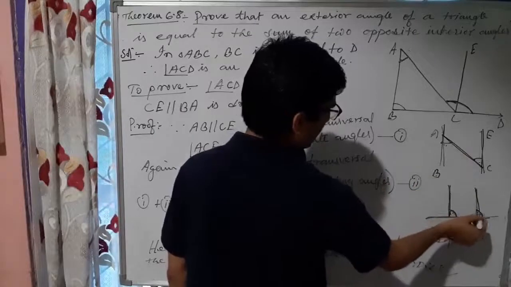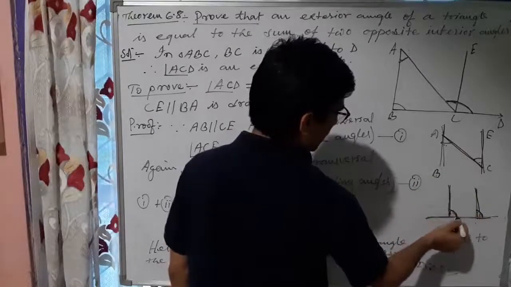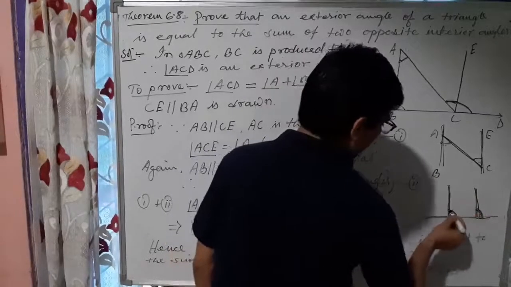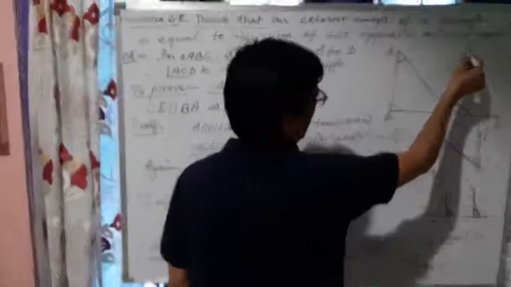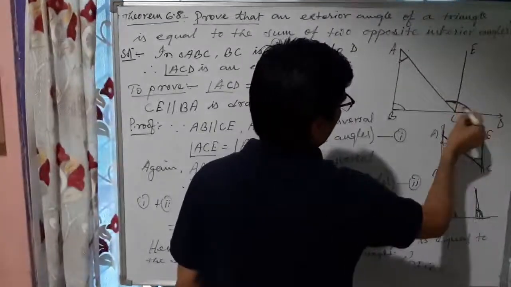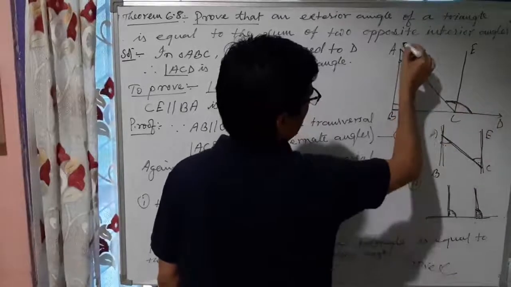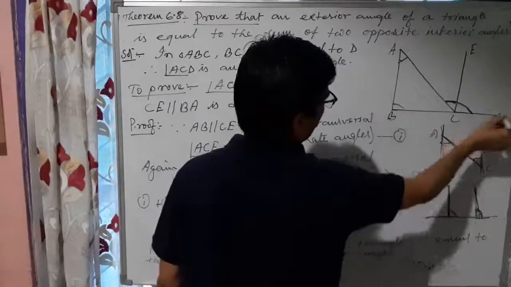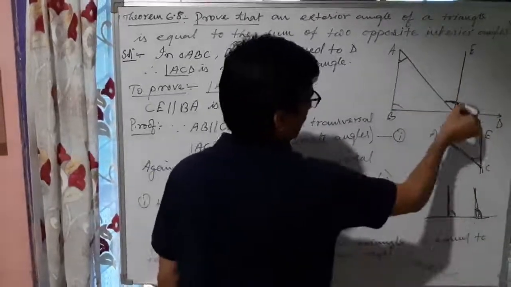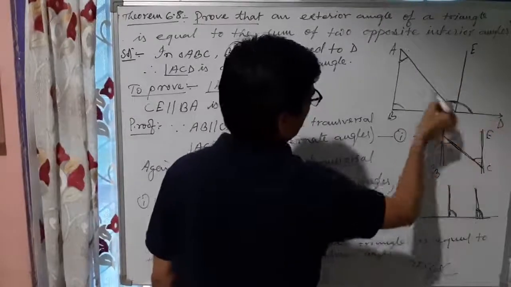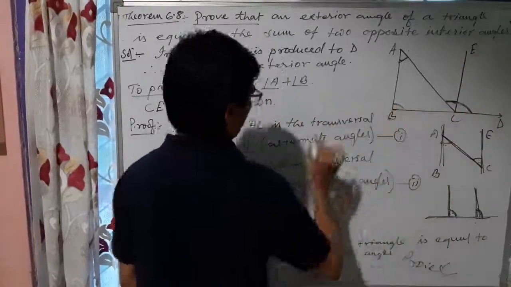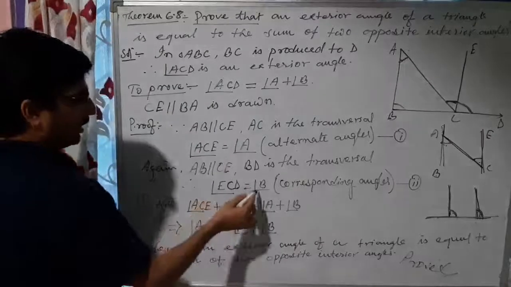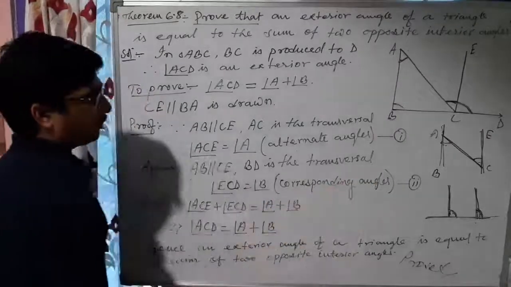So the corresponding angles are equal. So angle ECD equals angle B, corresponding angles, equation 2.